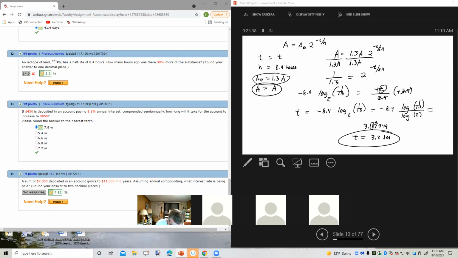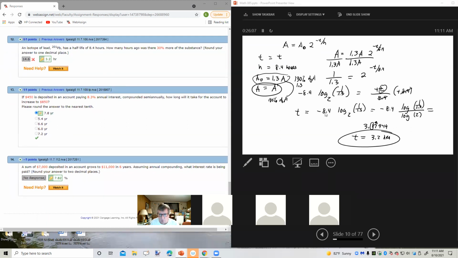Right now, we've got 100% of A. In the past, we have 130% of A, which converted to a decimal is 1.3. Oh, okay. I understand. Thank you. You bet. It's a little trickier than the other ones, not quite as straightforward. Any other questions before we go on to the next one?